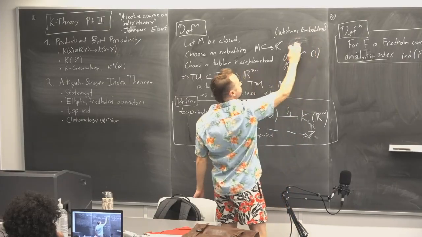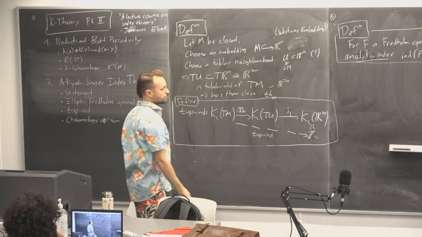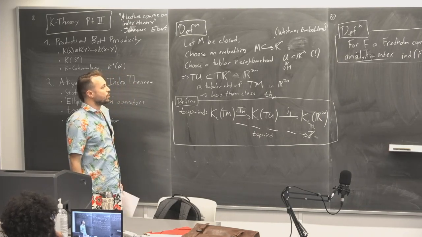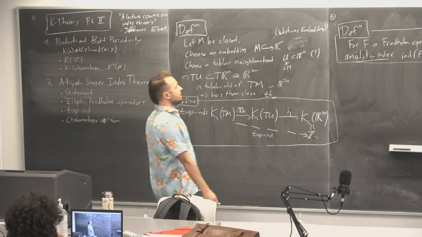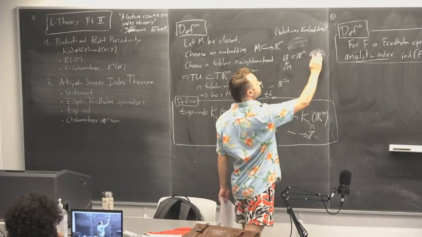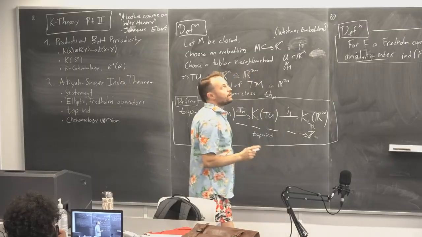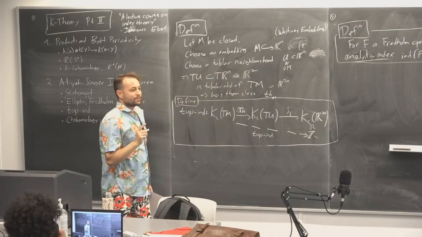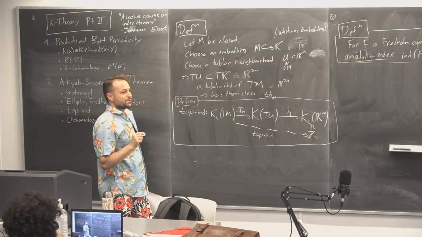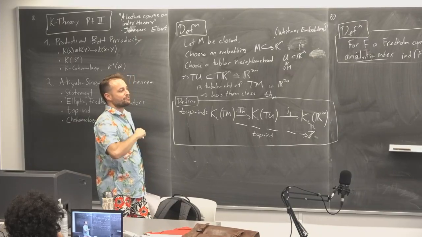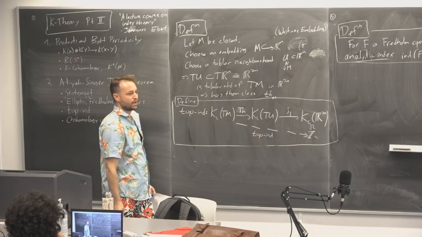The Whitney embedding theorem says that given any manifold, you can smoothly embed it into Euclidean space of at most twice the dimension. Usually it's easier to prove that you can embed it into 2n plus 1, but you can also embed it into smaller dimensions sometimes. You never have to embed it in more than 2n.